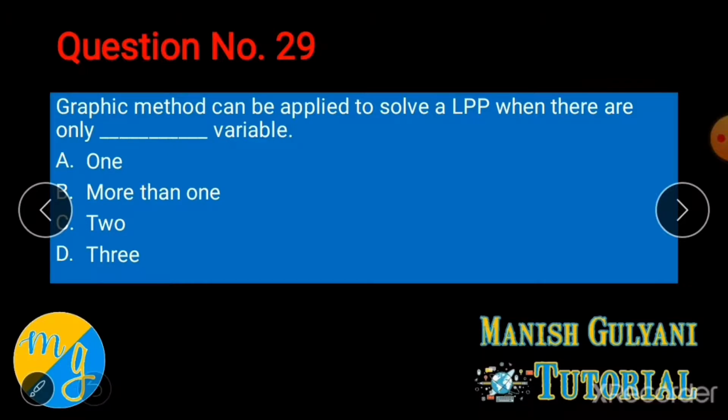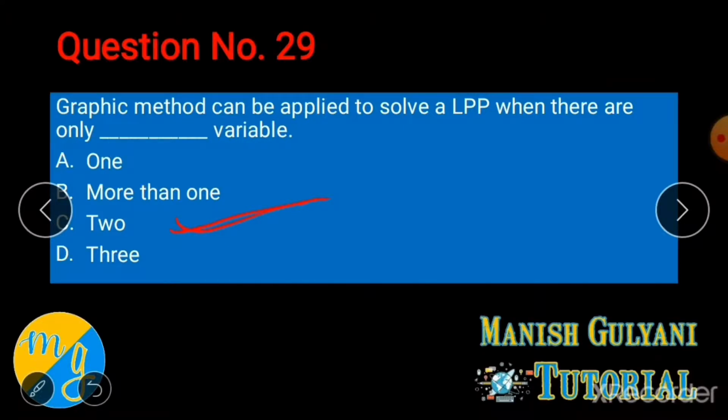Next question number 29. Graphic method can be applied to solve an LPP when there are only dash variables: one, more than two, one, two, or three. I explained this thing so many times during the chapter. LP graphic method is always used in case of two variables. So option C is the correct option.